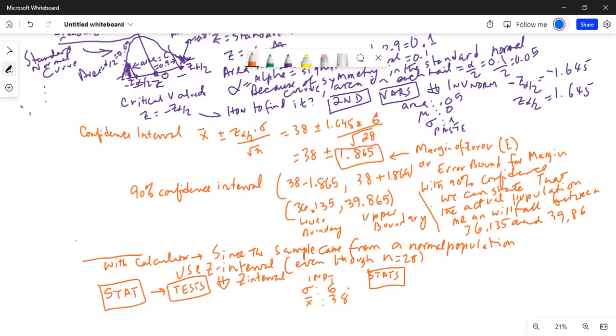Then n is 28. And C-level, confidence level, is 0.9. And then we will calculate. Put the cursor on Calculate and hit enter.